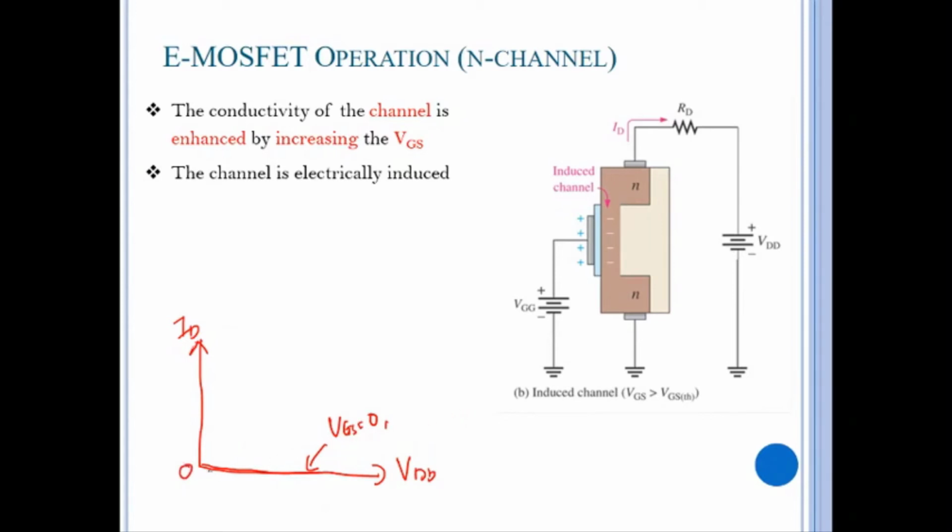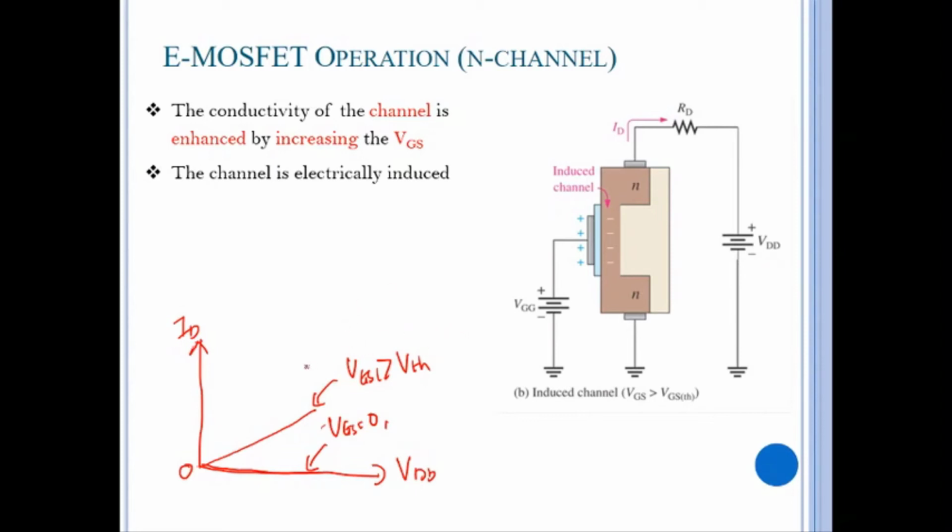If VGS1 is above the VTH, the threshold voltage, there will be a current flow. We see this as a resistor, so the current-voltage characteristic will be linear. We have a specific resistance here. The current will flow, and the current will increase as we increase the VDS.